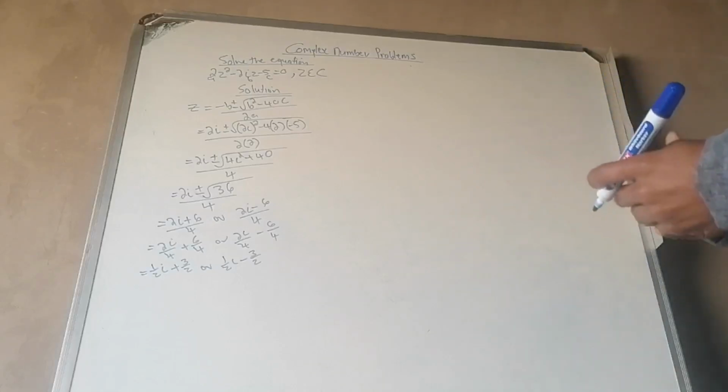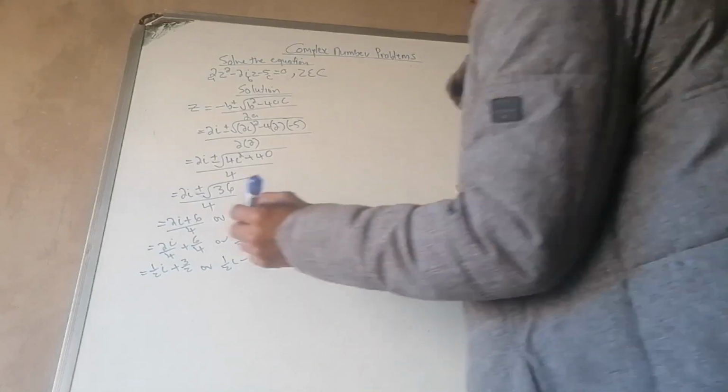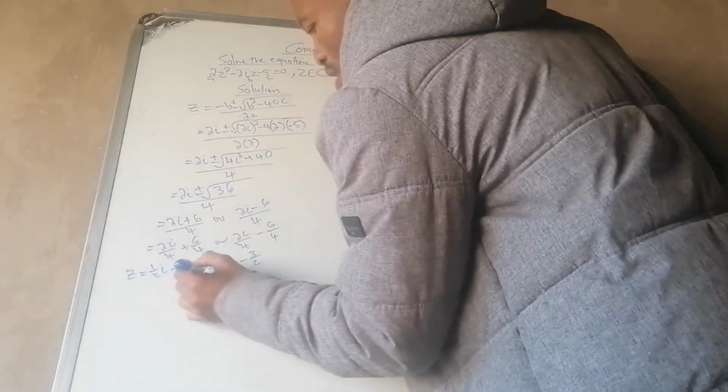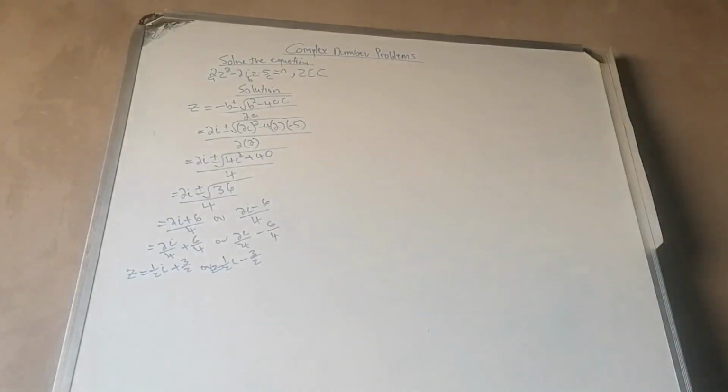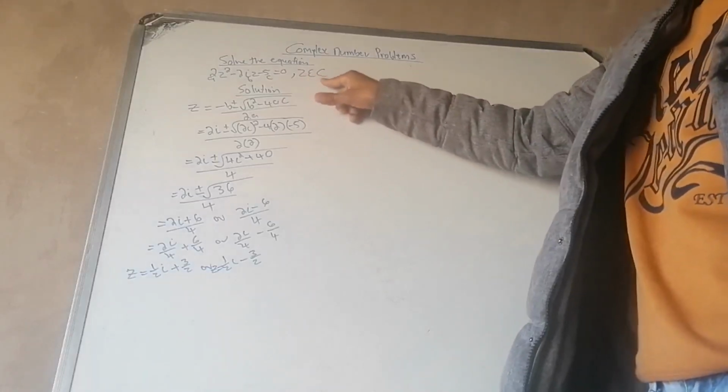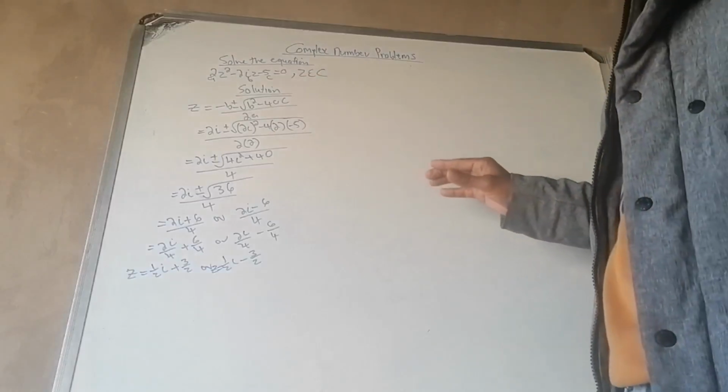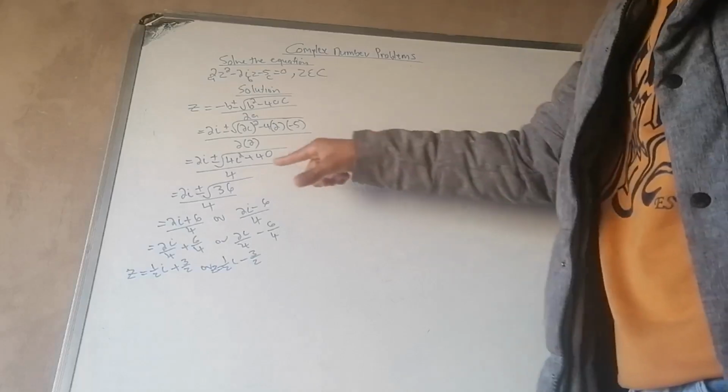And what is this? These would be the values of z. So maybe this will be z1 and this will be z2. You find those values of 1/2 i plus 3/2, or 1/2 i minus 3/2, as your values of z there, because they said that z should be a complex number. Or we can just leave it even here.